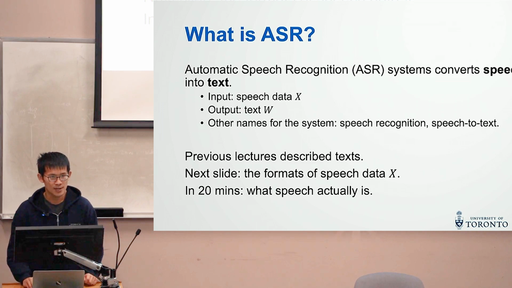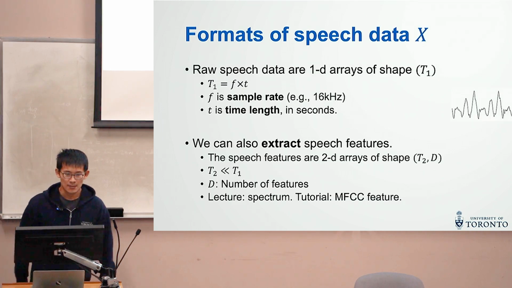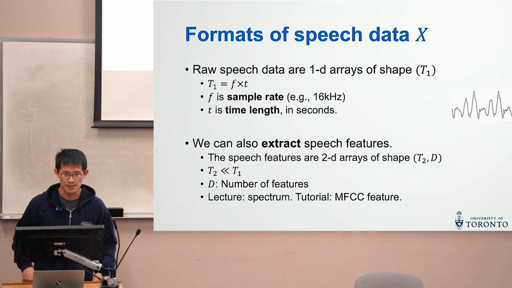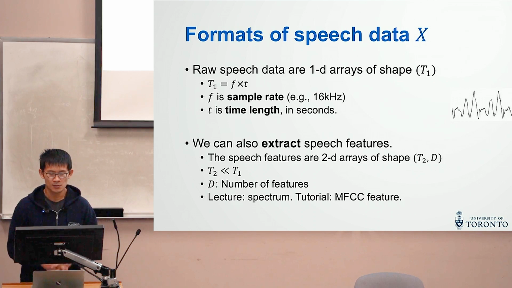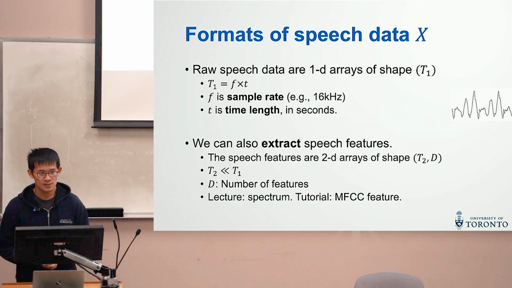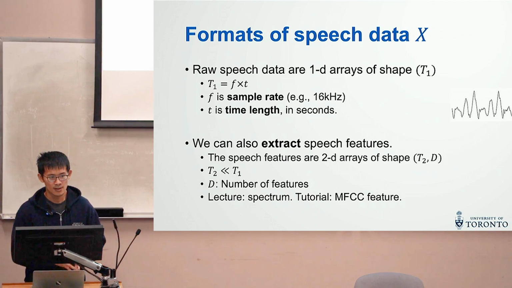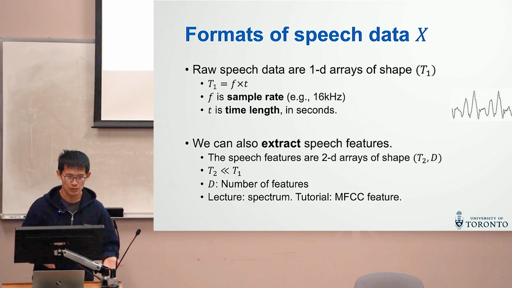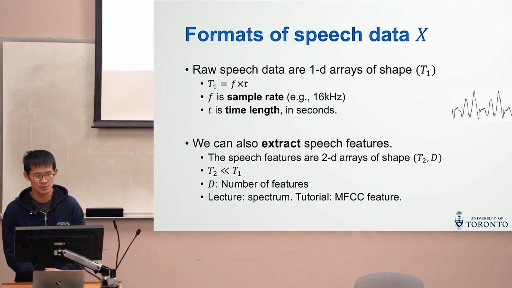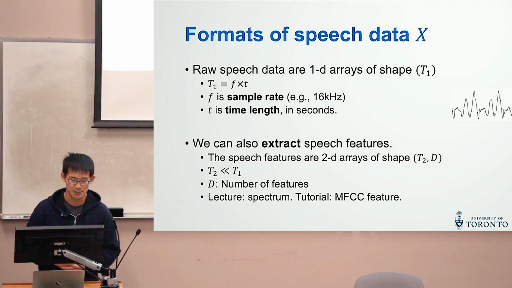So what is the format of speech data? Speech data are essentially one-dimensional arrays, and the length is, let's use the symbol T1 to represent the length. T1 is usually very long because T1 equals the sample rate times the time length. The sample rate essentially describes how many data points you have per second when you record the speech data.